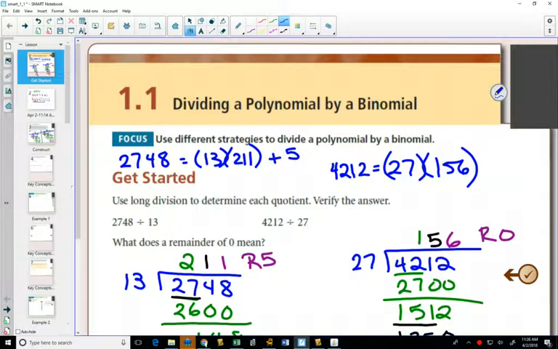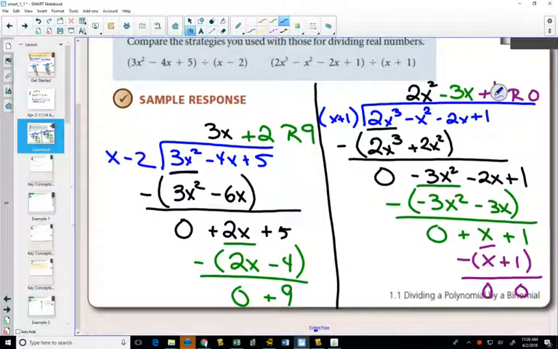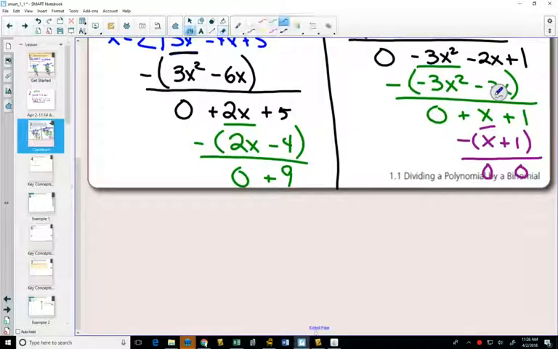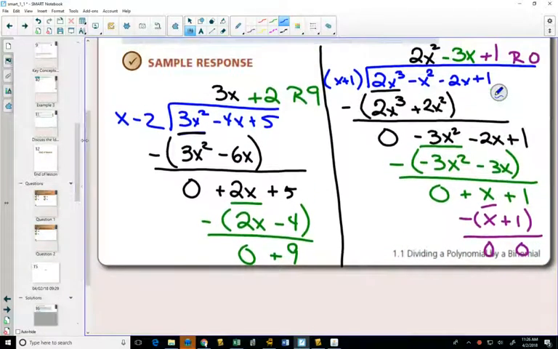So now when I look at this second one here, because that one, in my opinion, is more interesting because it has no remainder, what does it mean?